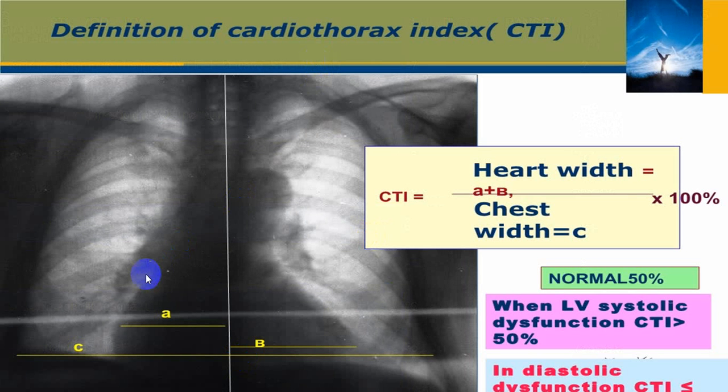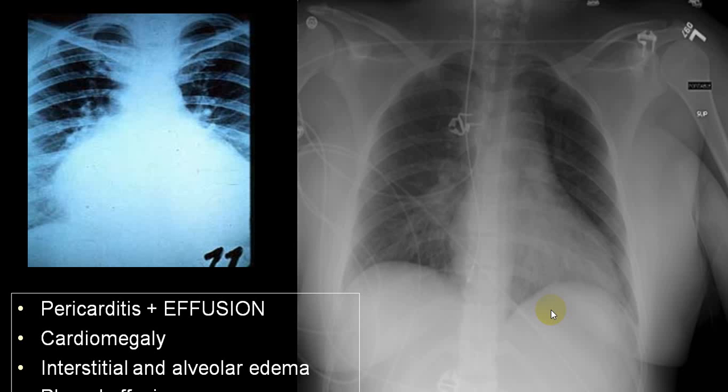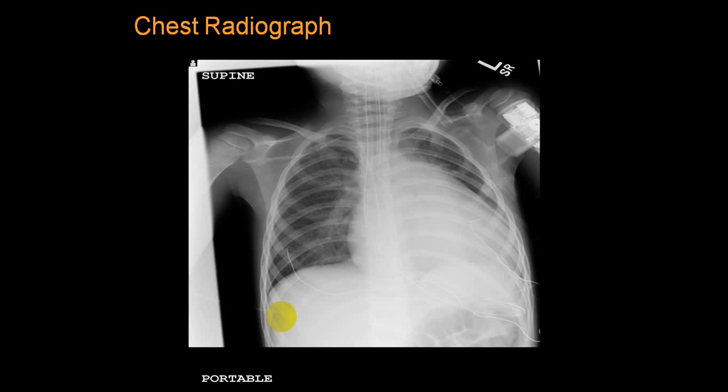So cardiomegaly may be there because of little dilatation. You can get dilated cardiomyopathy, and you can have a pulmonary congestion. You can develop a pericardial effusion and pulmonary congestion. You can have a pleural effusion secondary to congestive heart failure.